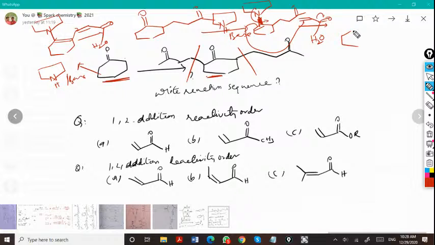If it is treated with H2O, it is going to give the double addition product. So this side 1 methyl vinyl ketone, and this side 1 methyl vinyl ketone addition. So this will be the product.